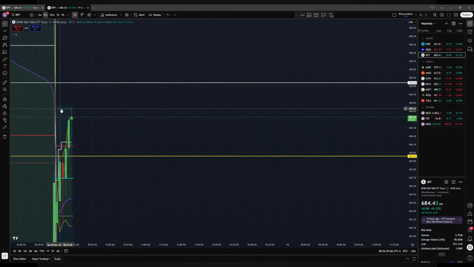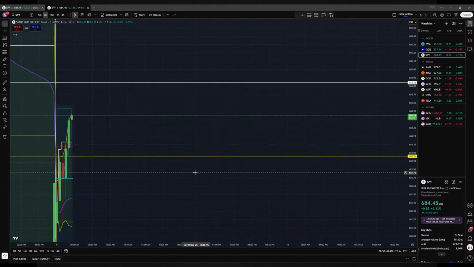I mean, you could use this initial balance high as a target as well, if you wanted to target levels, right? That'd be target 1, target 2, which, you know, it's hard to use because it's going to keep moving, because it's not set in stone yet because it's not 9:30.